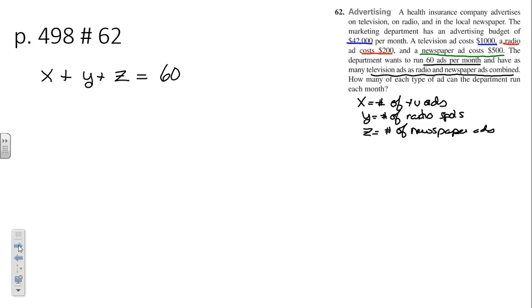How much do each cost? TV costs 1,000, right? How about newspaper or radio? 200. And how about TV or newspaper? And how much are they spending a month?